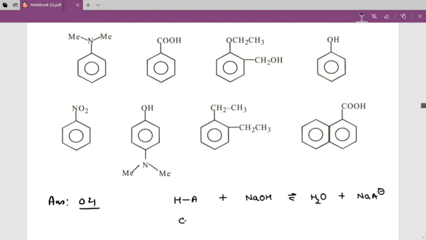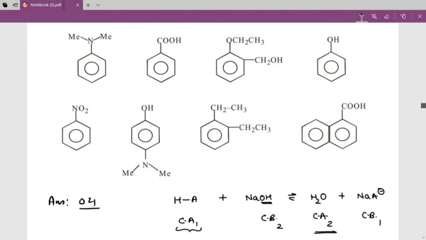If I take this as my conjugate acid 1, then its conjugate base 1, then conjugate acid 2, and OH minus is my conjugate base 2. So what I want overall is that these acids should have Ka greater than 15.74 or pKa less than 15.74.